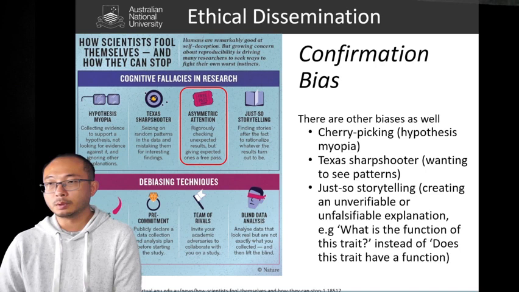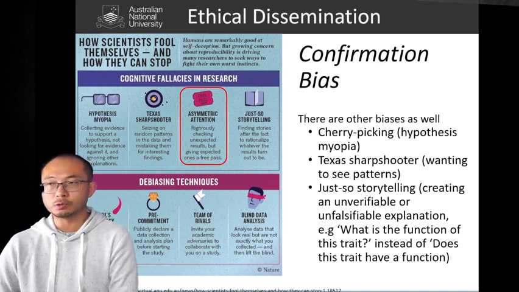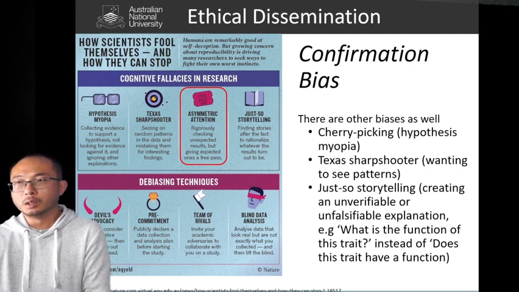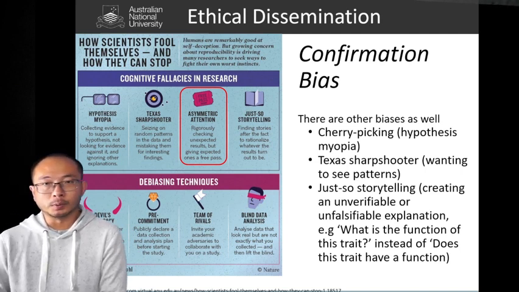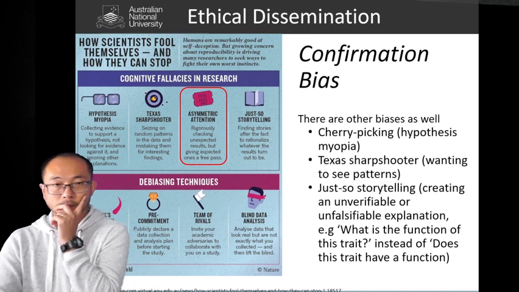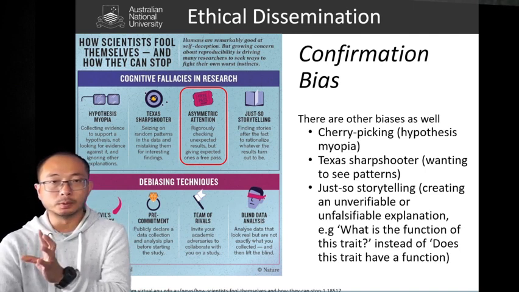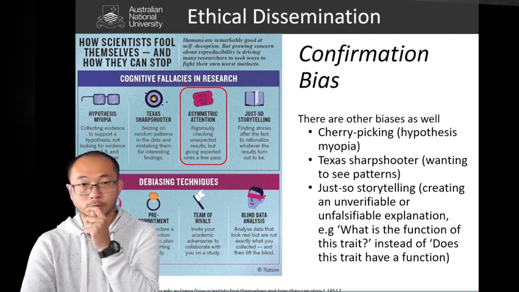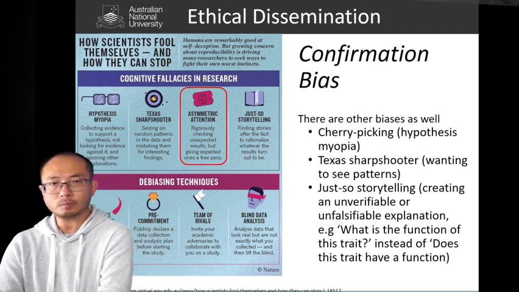And the last one, the just-so storytelling bias, is a really interesting one because I find that this is a problem with ecologists and evolutionary biologists, even at the highest level.